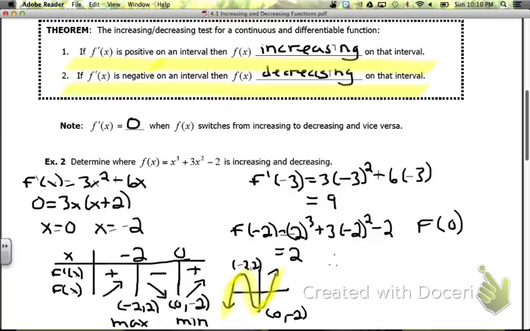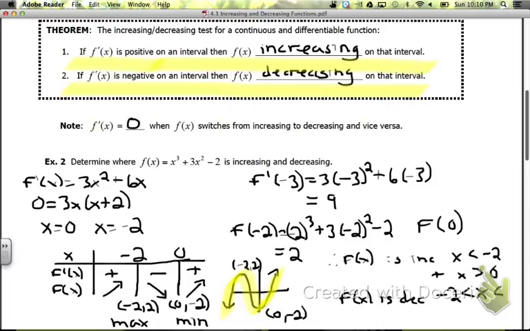So therefore, f of x is increasing on the intervals where x is less than negative 2 and where x is greater than 0. And f of x is decreasing on the interval where negative 2 is less than x, which is less than 0.